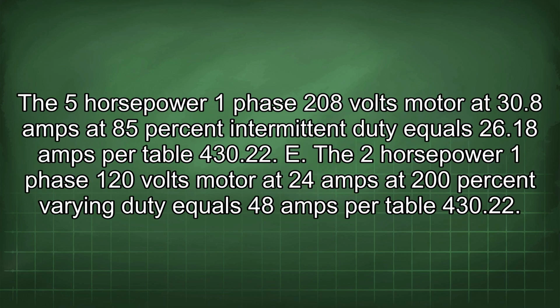The 5 horsepower 1-phase 208 volts motor at 30.8 amps at 85% intermittent duty equals 26.18 amps per table 430.22. The 2 horsepower 1-phase 120 volts motor at 24 amps at 200% varying duty equals 48 amps per table 430.22.